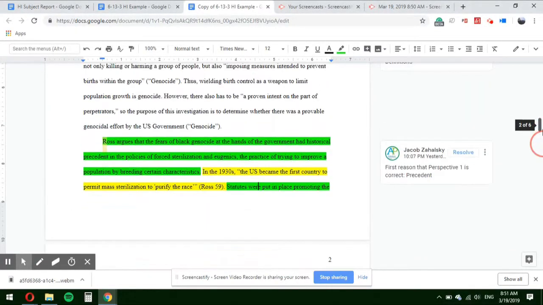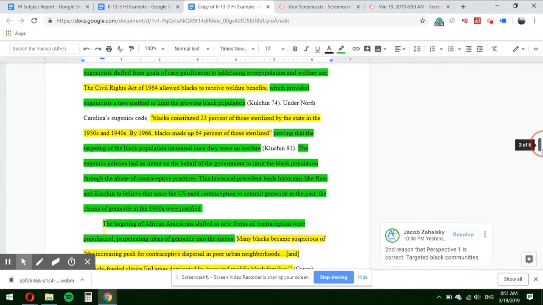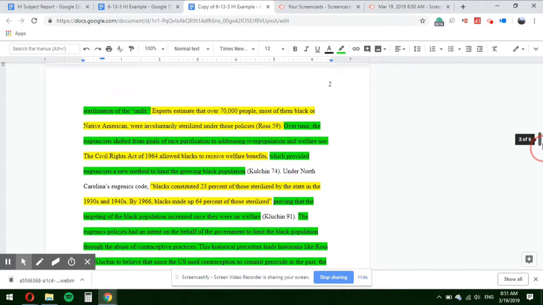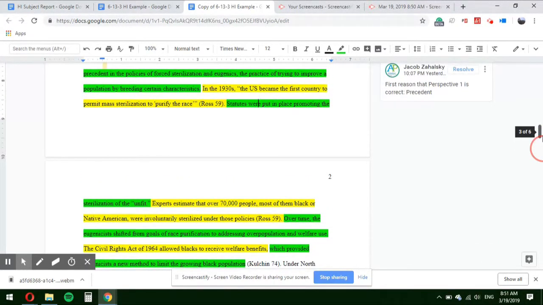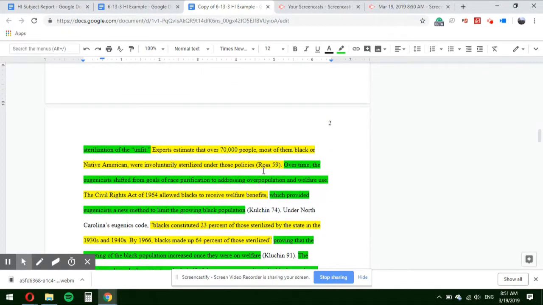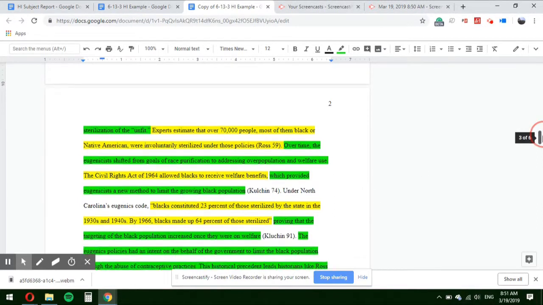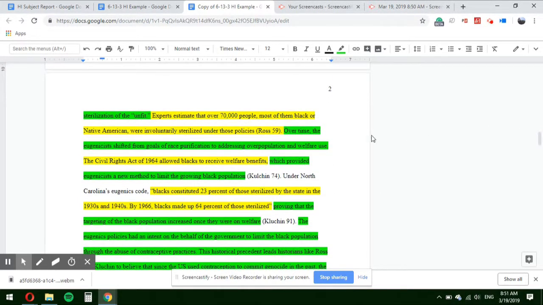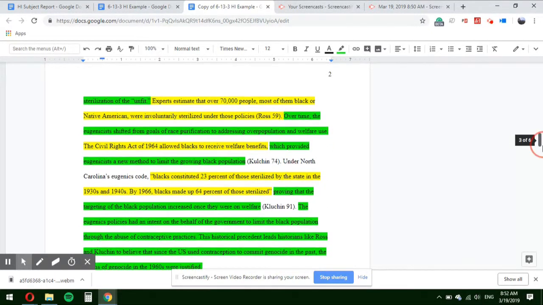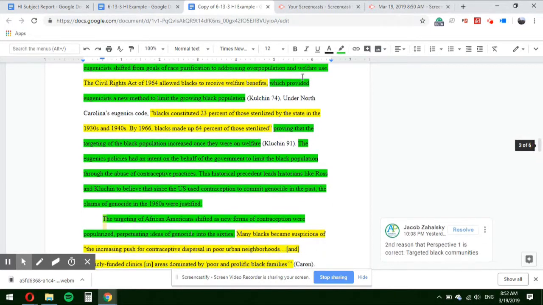And so the student does a really good job at the end here of basically analyzing how all the information that they have provided thus far in the paragraph, that there was this historic sterilization, that over 70,000 people were involuntarily sterilized in the past, and that welfare benefits provided new methods of sterilization, and that Black people constituted 23% of these sterilized.